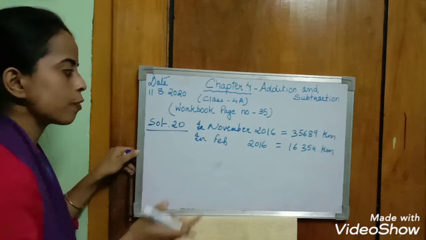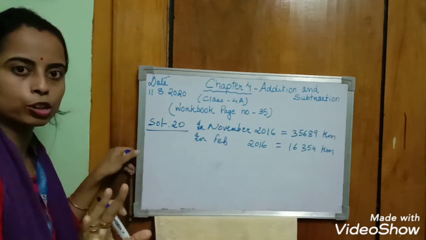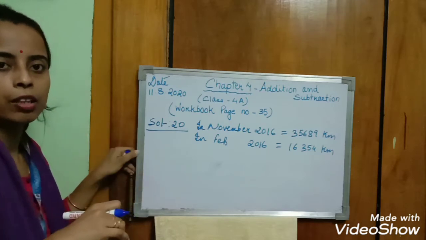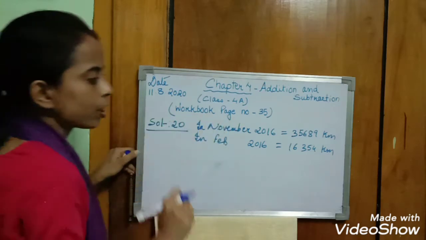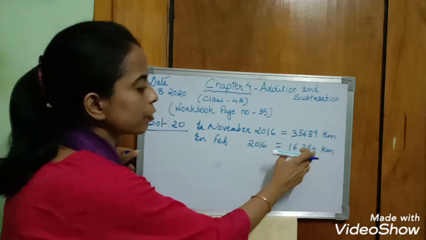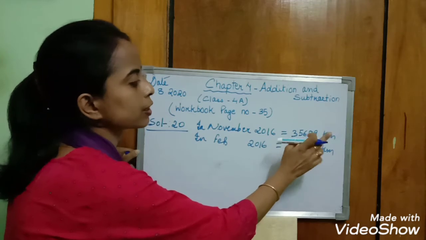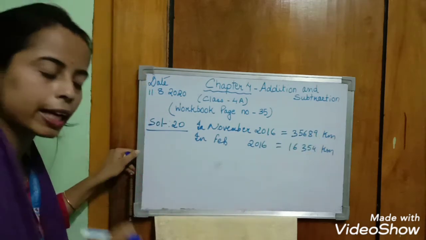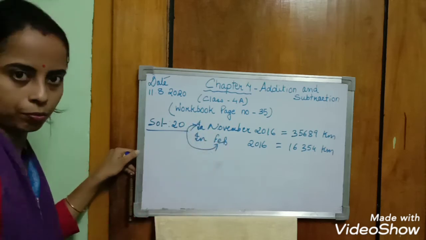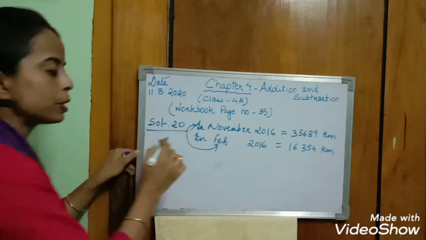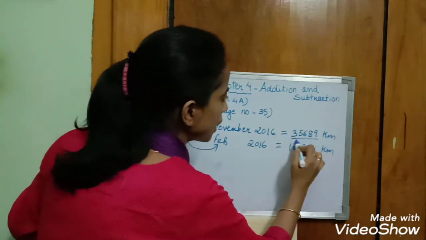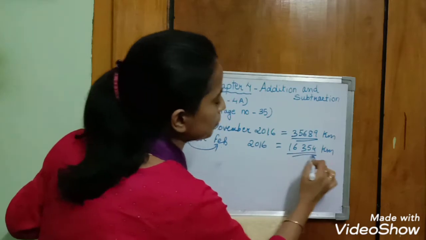To find out the distance covered from February to November, what we have to do, children? We need to do subtraction here. Right? How we will do subtraction? We need to subtract 16,354 km from 35,689 km. Then we will get the total distance covered from February to November. The odometer showed the distance of a two-wheeler in November 2016 this much and in February 2016 this much.